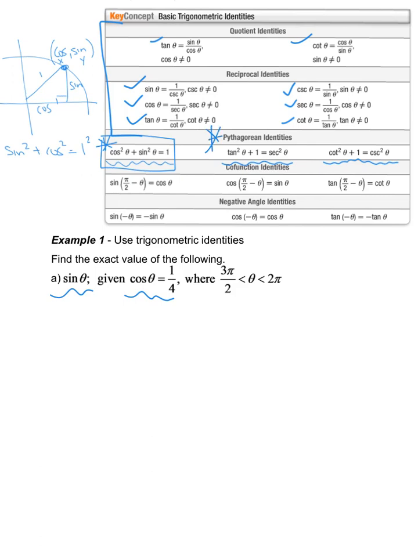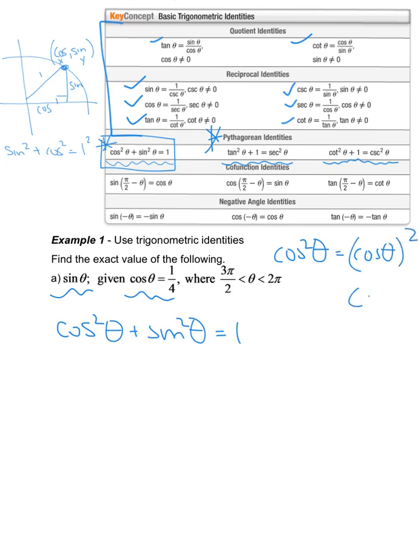Since I'm given cosine and looking for sine, I'm going to use cosine squared plus sine squared equals 1. Notice how it's written. Cosine squared theta is the exact same thing as cosine of theta squared. You do not want to write it the second way, because then it looks like you're squaring the angle. So please be mindful of that.